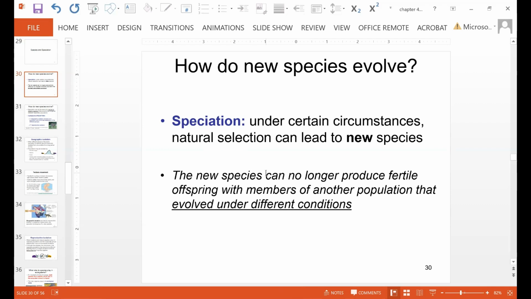The new species can then no longer produce fertile offspring with members of another population that evolved under different conditions. So a species breaks off into two different new species, and then those two new species are unable to produce fertile offspring if they were to come back together and breed.